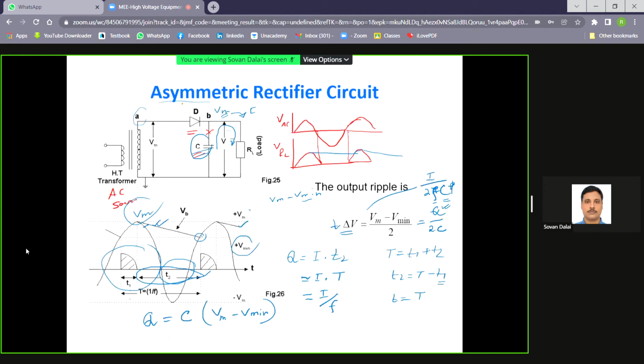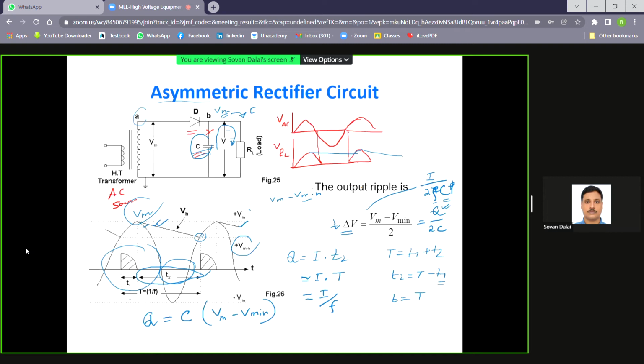But the problem is that you have to allow the capacitor to discharge through the load, otherwise it is not possible to supply the voltage across the load. So you have to maintain a certain voltage drop for the operation, and this is the minimization of the voltage ripple present in the DC.